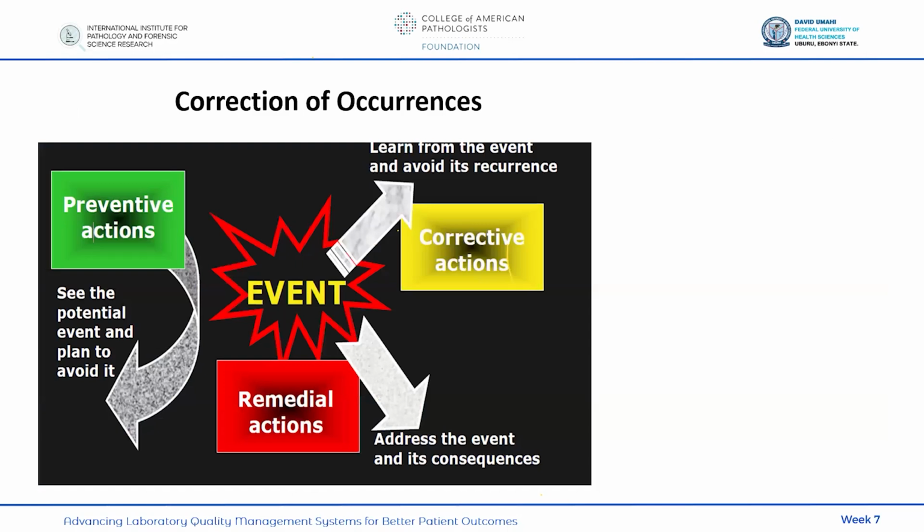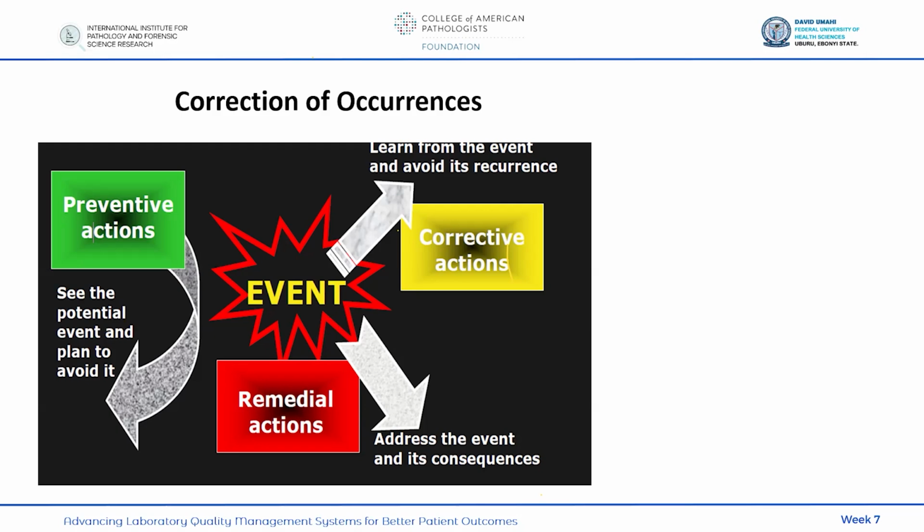Okay, so after doing all that, what do you now do? You will address the event. Sometimes you may need to stop that event from continuing and address it immediately, and address even the consequences of that event. It's always good that we don't get to the point where we are having remedial actions. It's better to prevent them so that they will not even come in the first place.